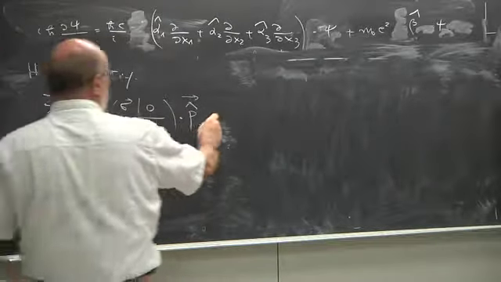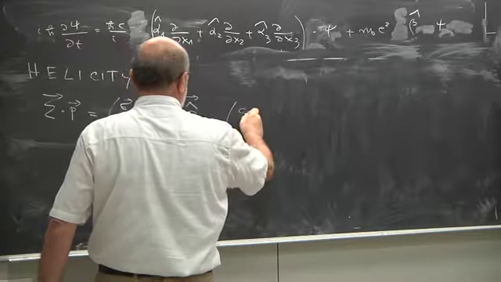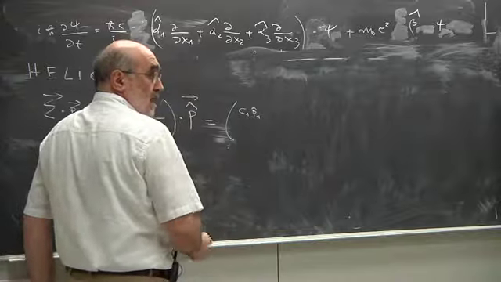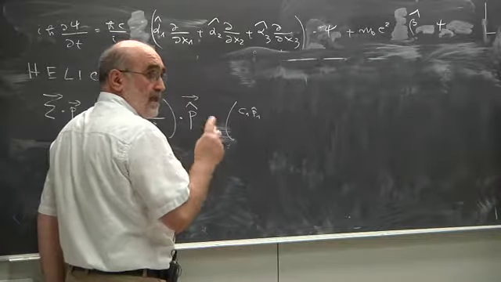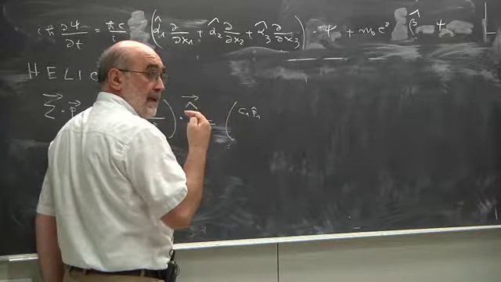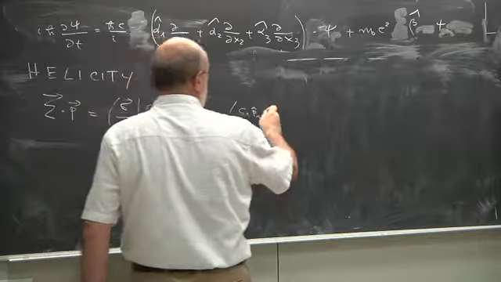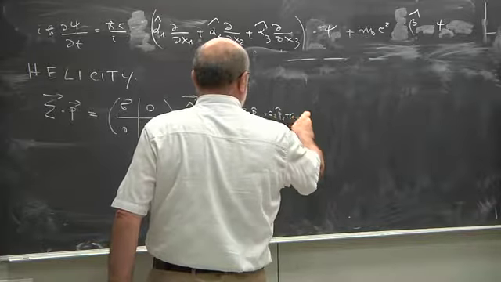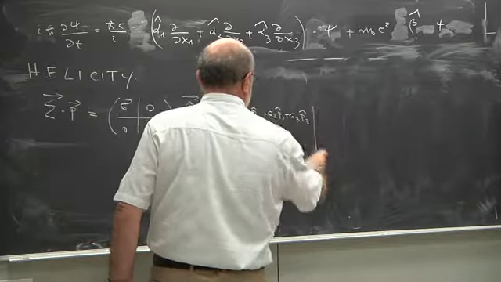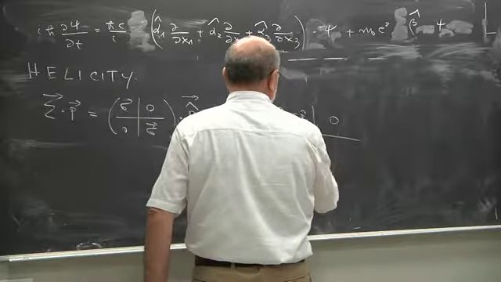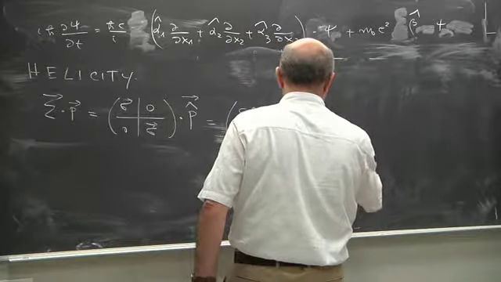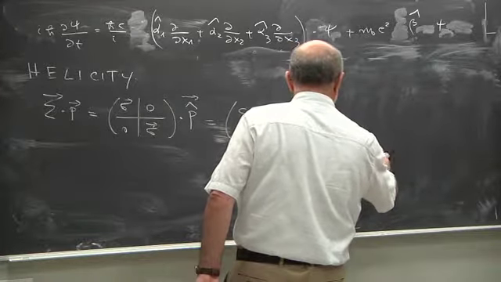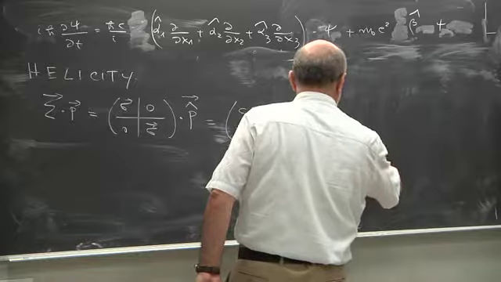Basically this object means the following: sigma 1 P1, where P1 is an operator not in the 4 by 4 space but in the Hilbert space, plus sigma 2 P2, plus sigma 3 P3, in each diagonal block.